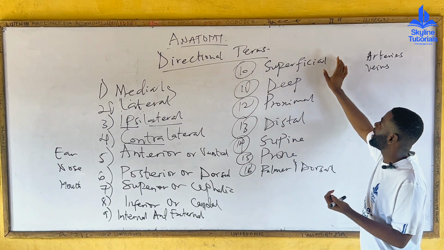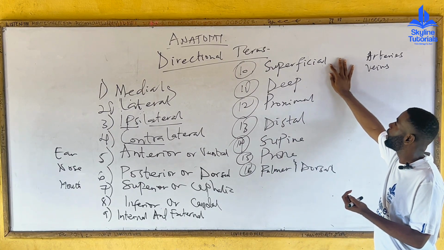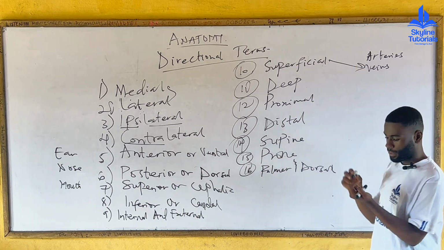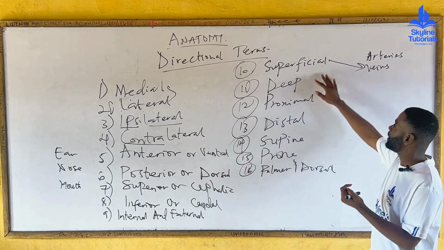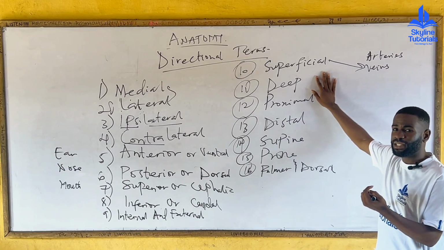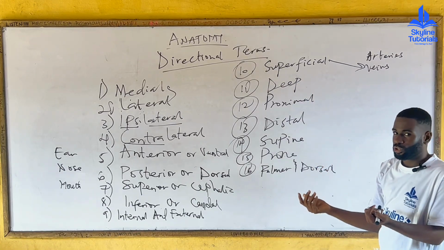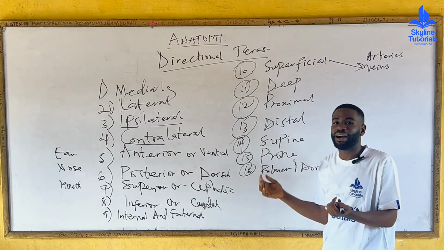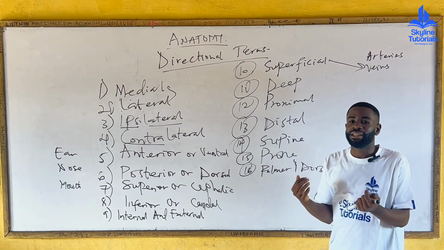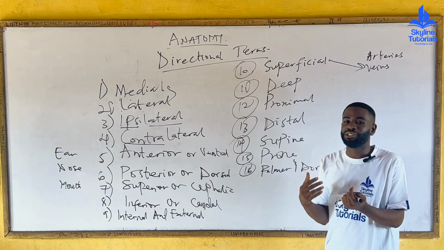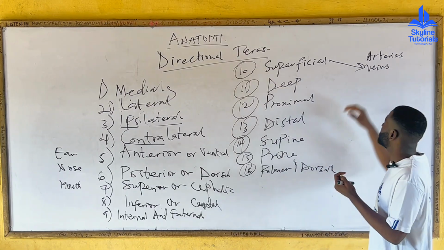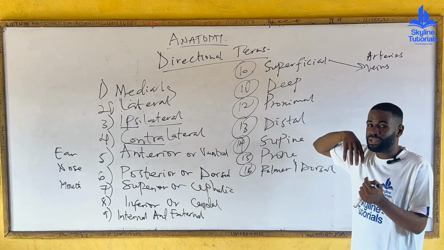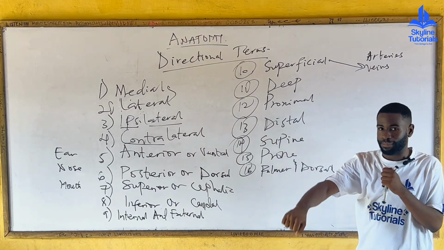Note that in the skin, we easily find veins. The reason is, if peradventure it were to be arteries, you realize that anytime you have an injury, the amount of blood that you will lose will be more, because it is the arteries that actually do the pumping, the releasing of oxygenated blood, right?